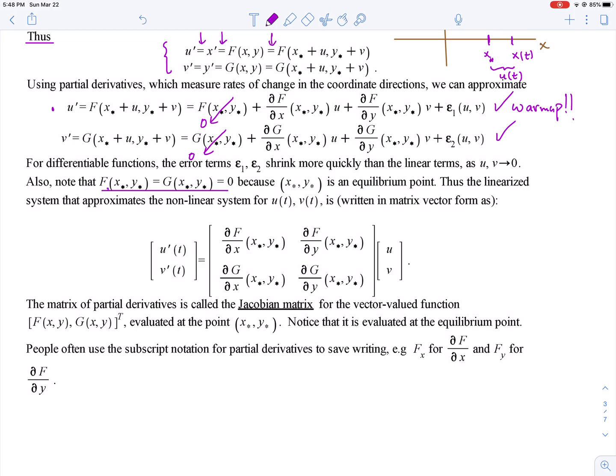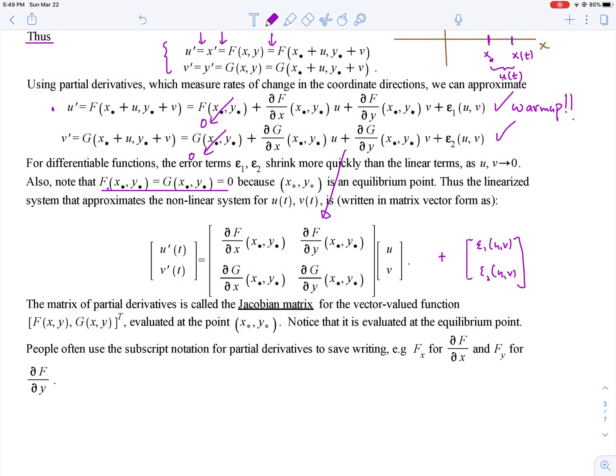So in fact, if I was looking at exact solutions, u prime, v prime would be the contributions from the linear terms, which I wrote in matrix form, plus the epsilon 1 of u and v and the epsilon 2 of u and v.